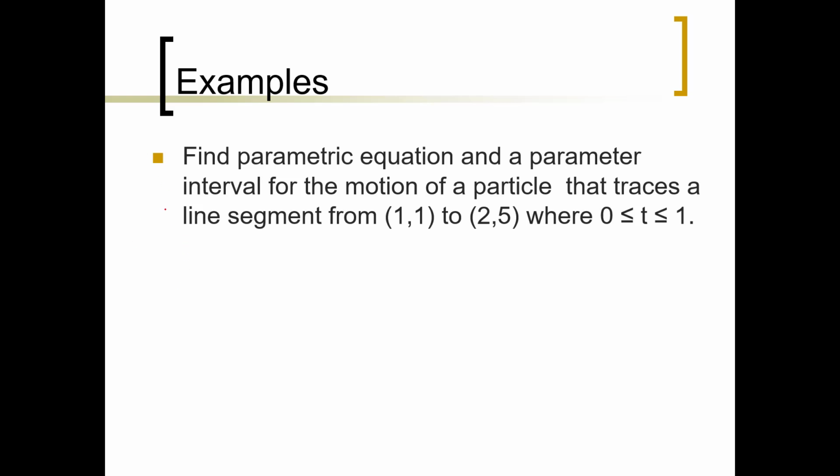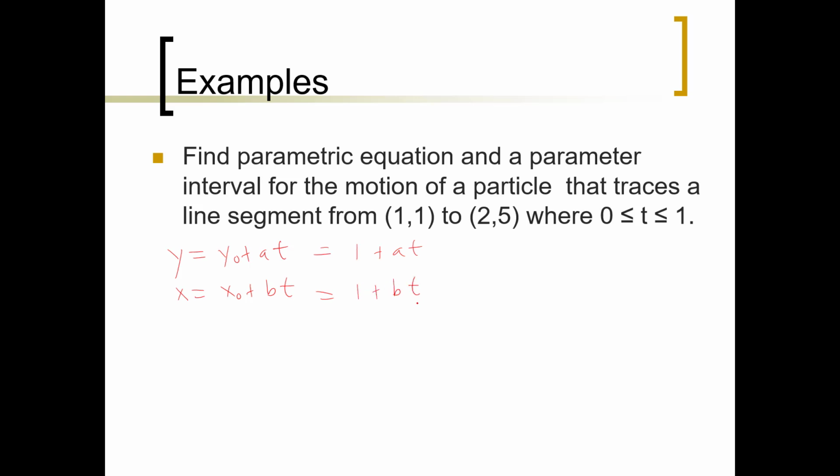So that'll be y equals y naught plus a times t, and x will be x naught plus b times t. But I want to start at (1, 1) when t is 0. That means x naught and y naught have to be 1, and 1. So now I know this must be 1 plus a times t, and this must be 1 plus b times t.